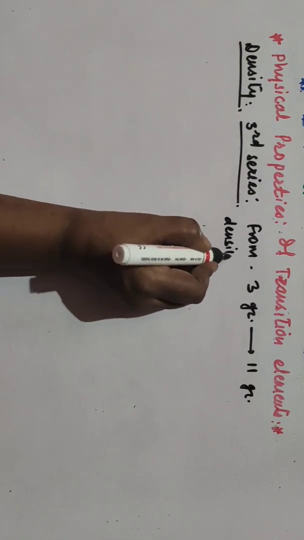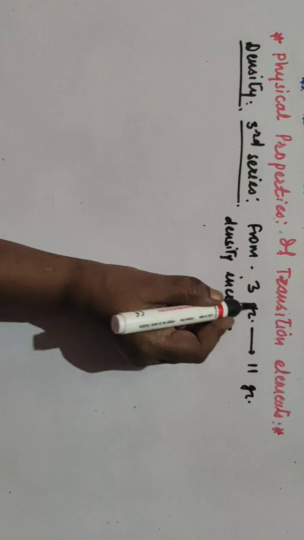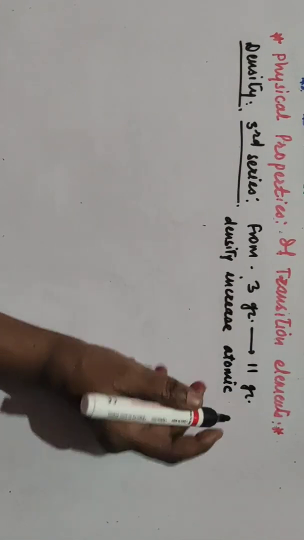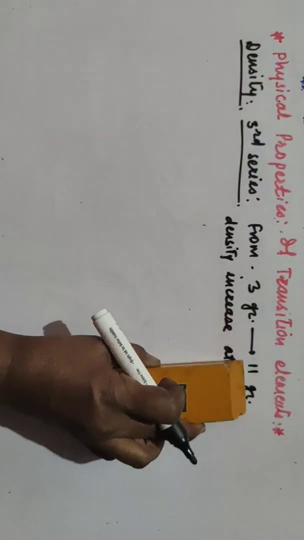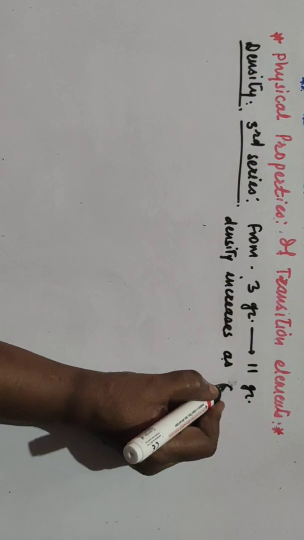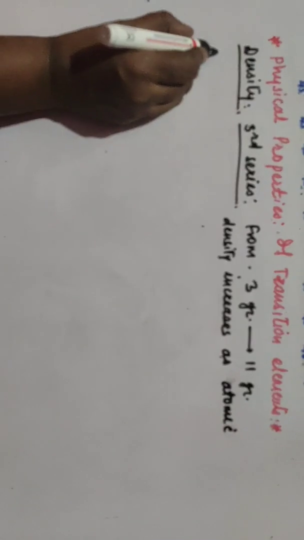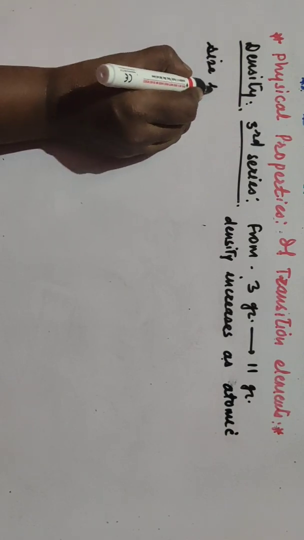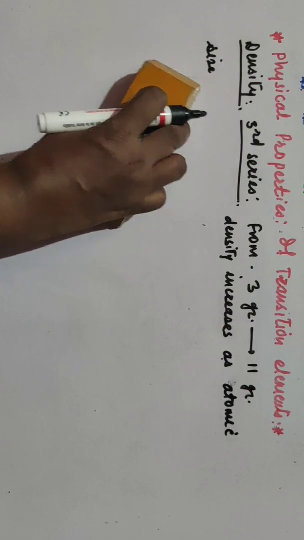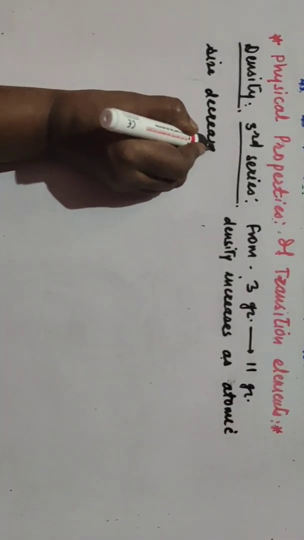Density increases. Why? Because atomic size decreases as we go across.